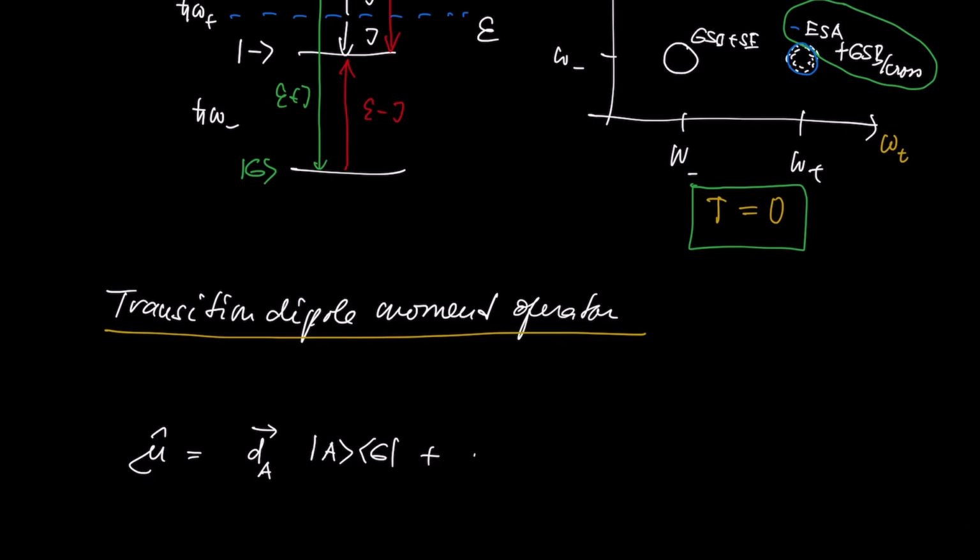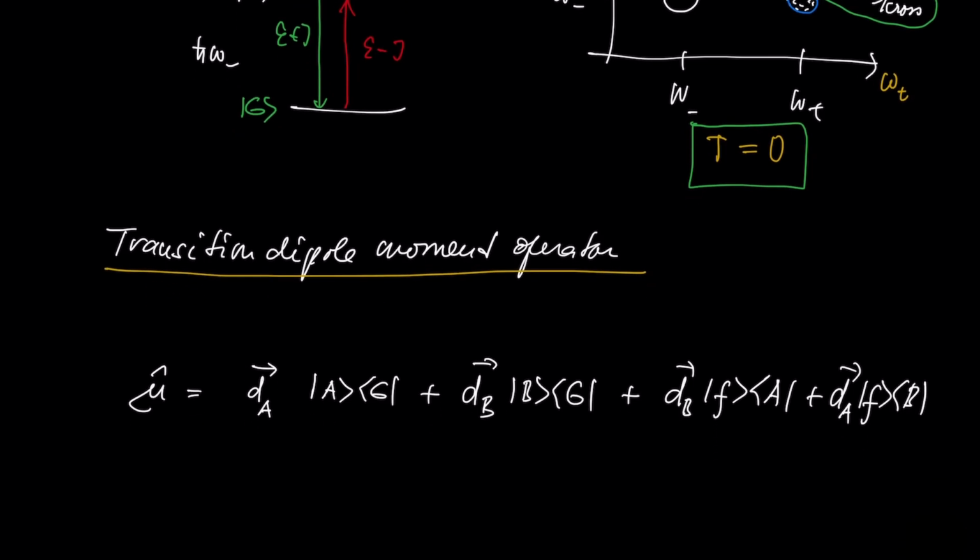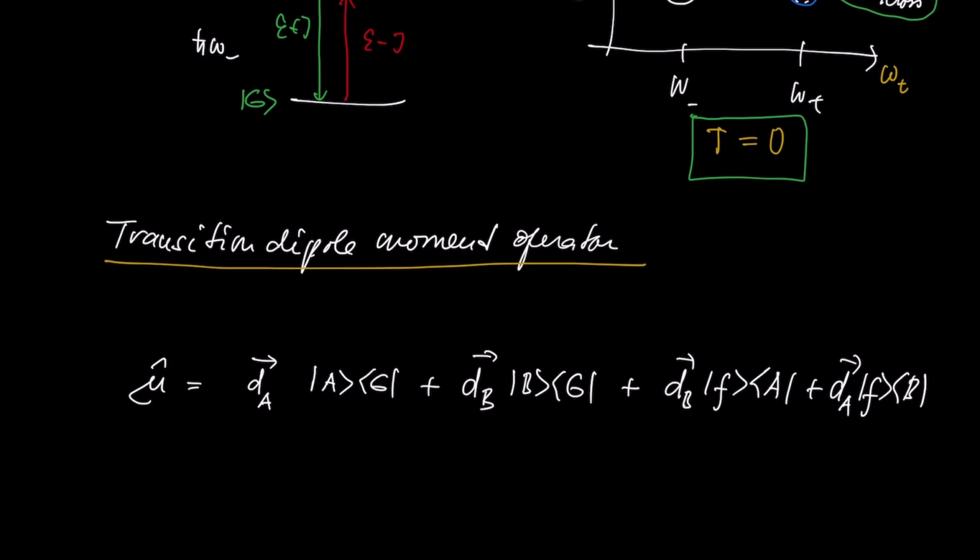There will also be a transition on the molecule B alone, so we go from G to B, and there will be a transition from a situation where A is already excited and therefore we excite B again to reach the state F, doubly excited state F, and in that case we started from A. And there is also a situation in which we start from B and go to F, that is, we excite the molecule A. And of course this is only one side, one allowed process.